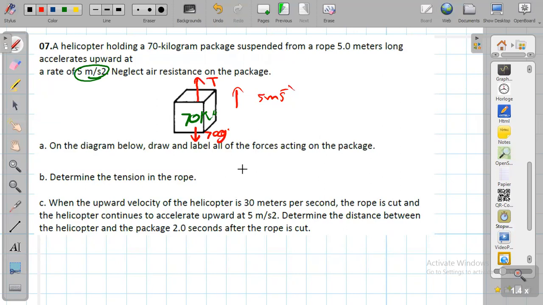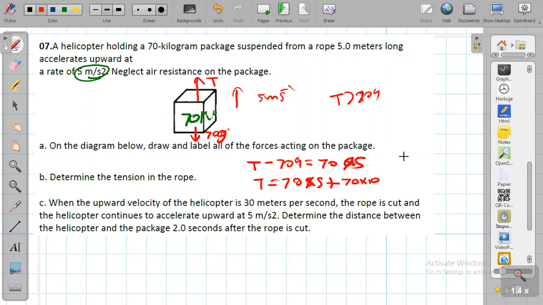Determine the tension in the rope. So T is greater than 70g. T minus 70g equals 70a, with a equals 5. T equals 70 times 5 plus 70 times 10, that's 350 plus 700, 1050 Newton. Did you get this answer right? Confirm with me.